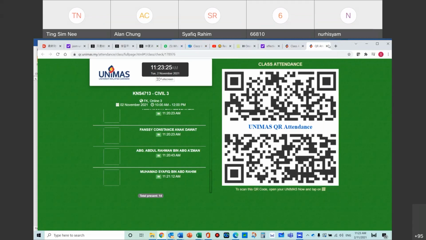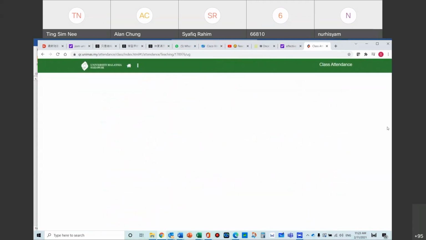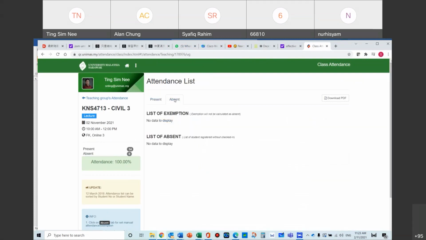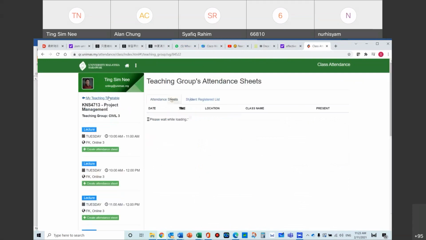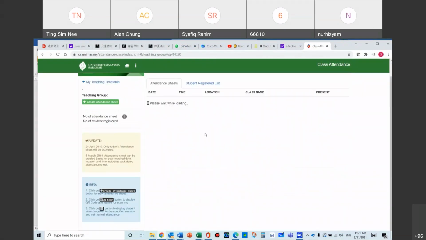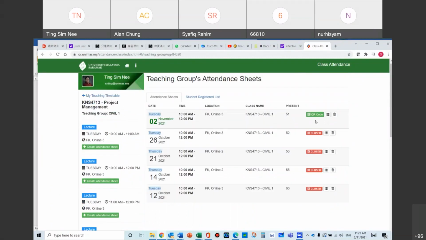And now for people who need manual attendance, let's go for group 3 first. Group 3, anybody needs manual attendance? Nobody, okay. Group 1, anyone needs manual attendance in group 1 for today?